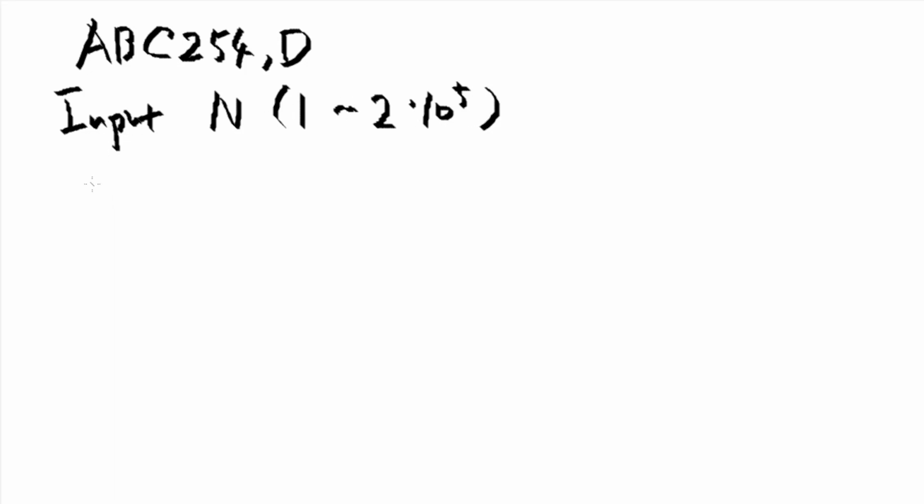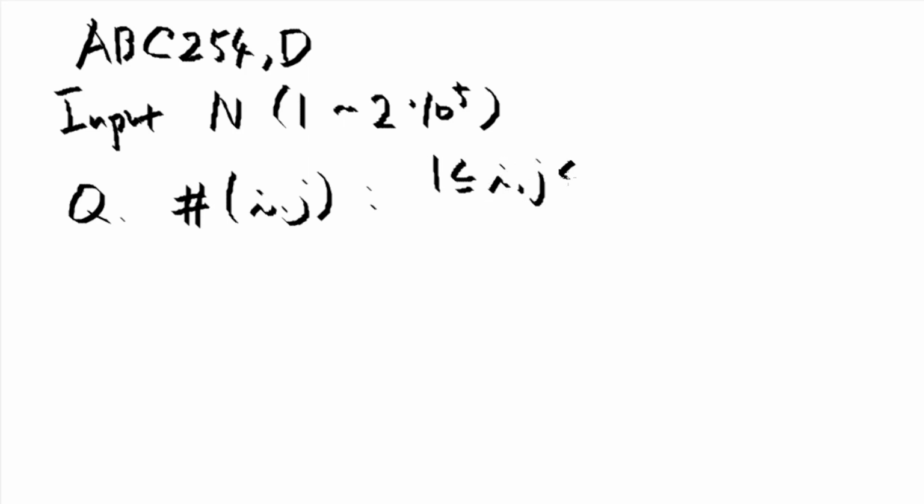The problem is to find the number of pairs i, j of positive integers at most n that satisfy i times j is a square number.